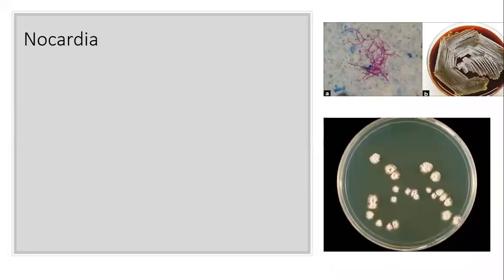Then we have Nocardia. As you can see, its microscopic staining is visible in this picture. Its culture is also visible, and they are displaying their colonial characteristics here.